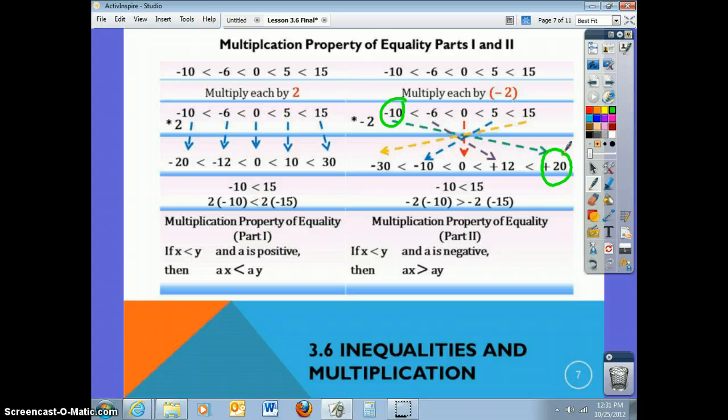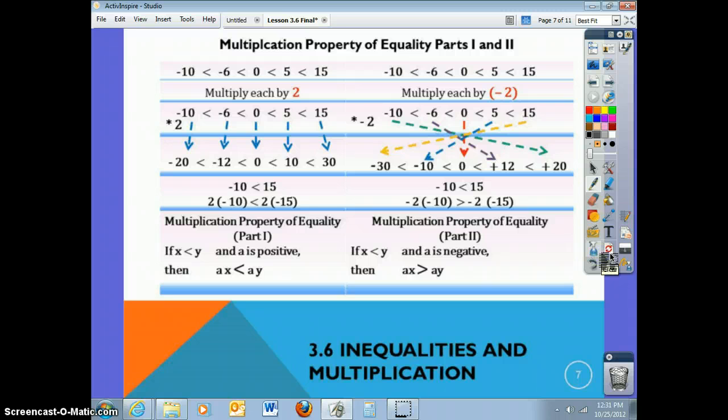When I take 0, the middle one, and multiply it by -2, I get 0. When I take 15 and multiply it by -2, I get -30. So instead of them lining up and still being in consecutive order, when I multiply by a negative number, you can see they all flip. The ones that are the smallest become the largest, and vice versa.